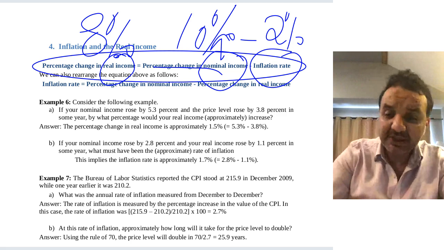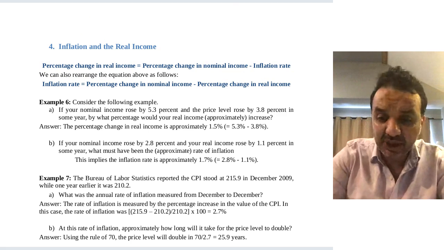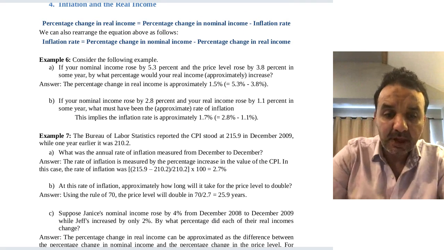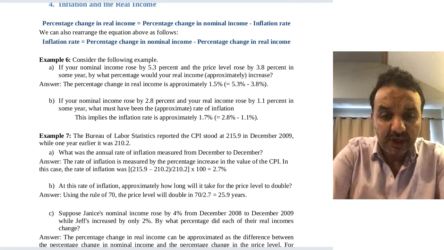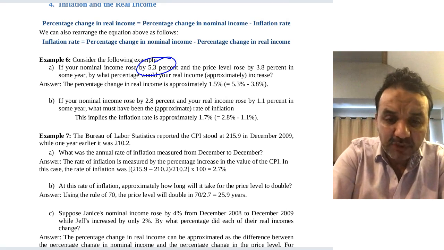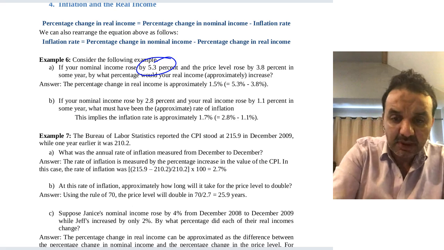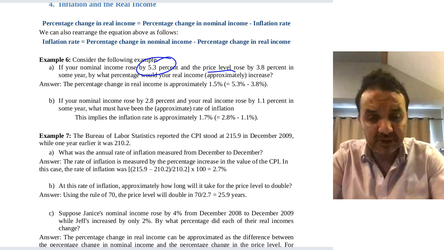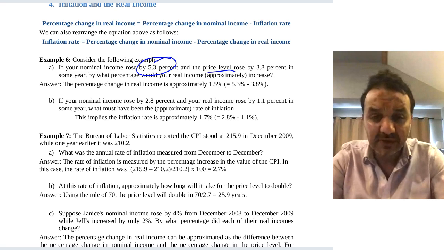Let's see an example to see what this means. In this question, your nominal income rose by 5.3%, and the price level rose by 3.8%. Whenever I say price level, I mean inflation, so be careful about this. Price level and inflation are the same.